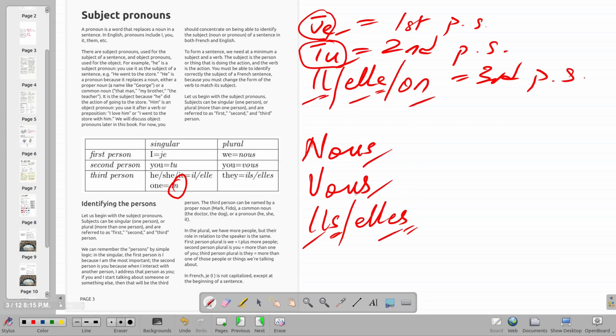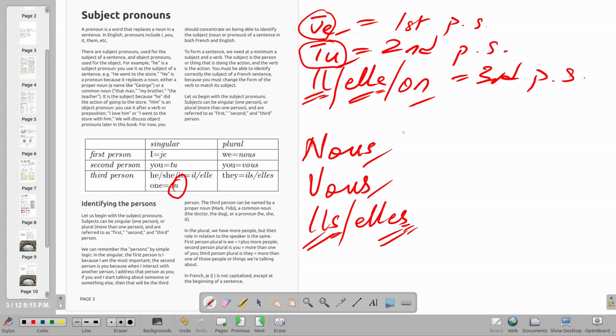Some pronunciation notes here. You can see how I pronounced this singular as il. Here, the plural I still pronounced as il because the S is silent. Singular here, elle. Plural here, elle. The S is silent.